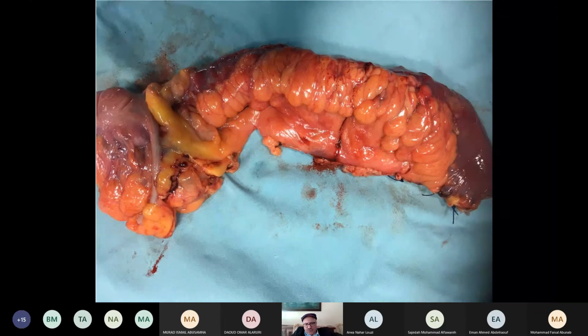This is one common cause, not the commonest, of a small intestinal obstruction, which is Crohn's disease. So this is the terminal ileum, this is the appendix, and this is the cecum. As you see the difference between this inflamed part and this normal part of the small intestine.